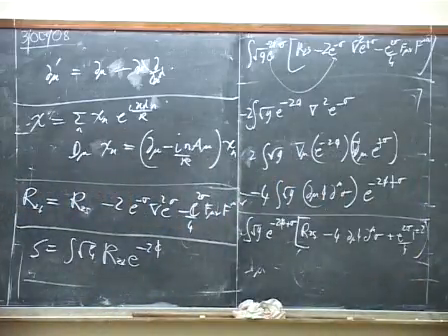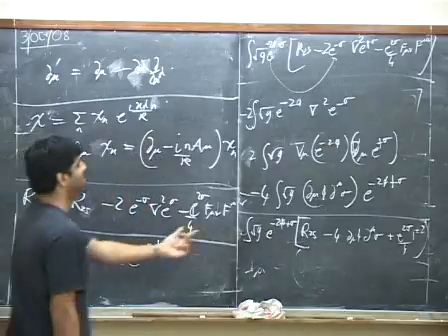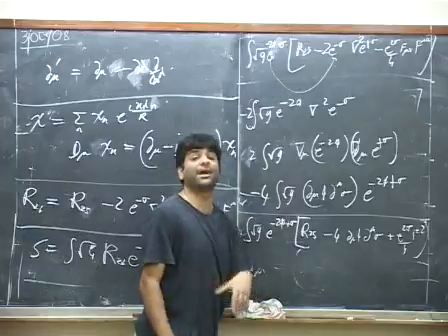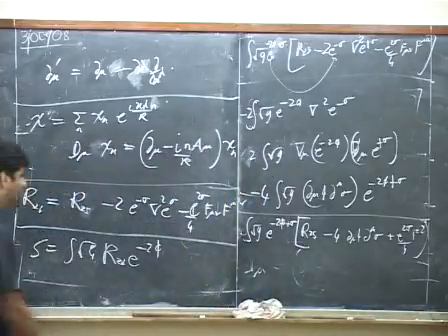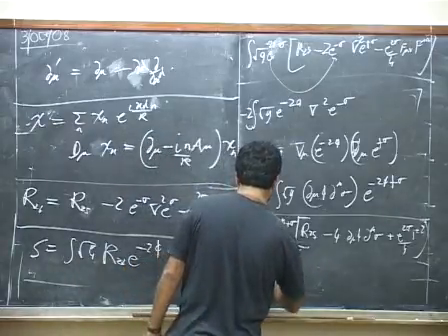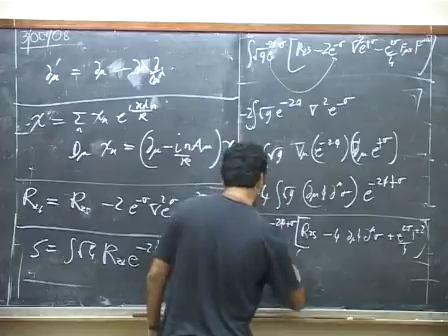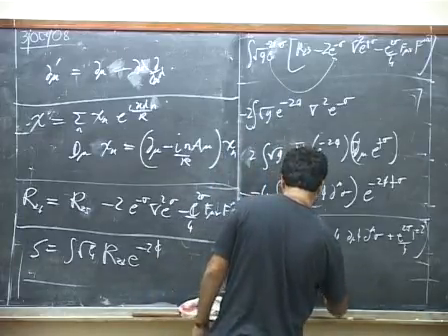Now it's conventional when dealing with gravity theory to call whatever comes outside the R, e to the power minus twice the dilaton, so the 25-dimensional dilaton is equal to phi, the 26-dimensional dilaton, minus sigma by 2.